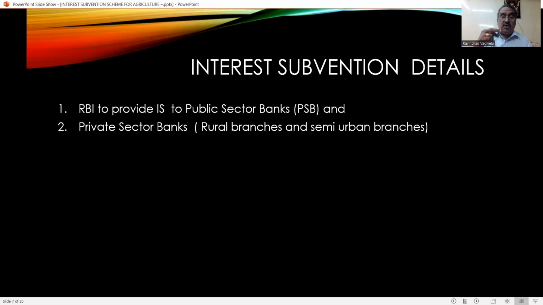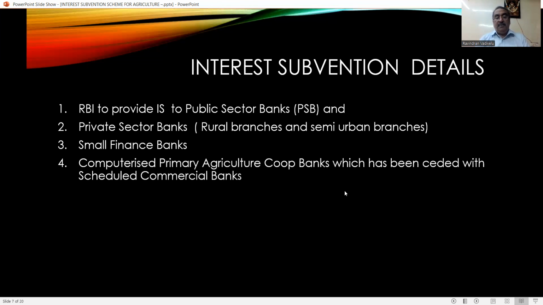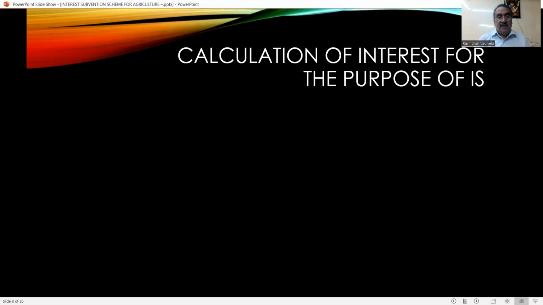Please see point number 1 and 2. They are giving to public sector banks, and in private sector banks they are saying that rural branches and semi-urban branches and small finance banks. And computerized primary agricultural cooperative banks, which has been stated with scheduled commercial banks. So they should have relationship with the SCB, that is scheduled commercial banks.